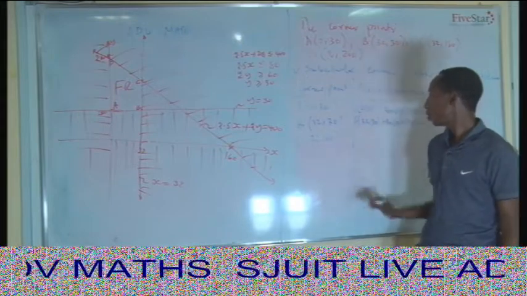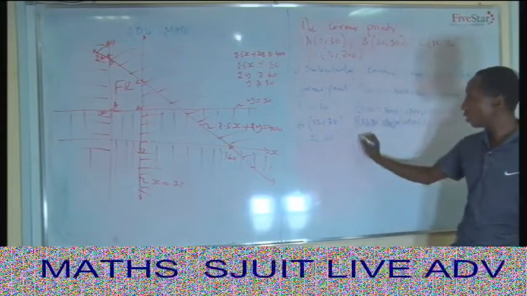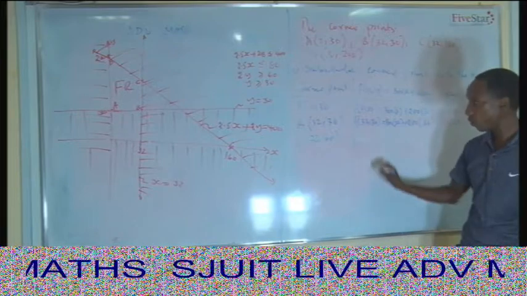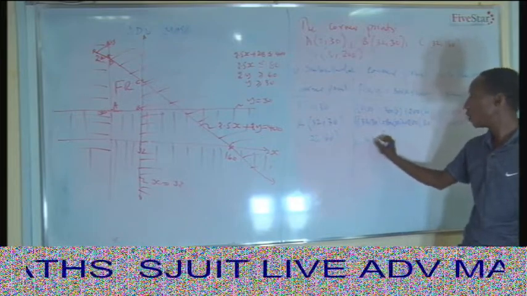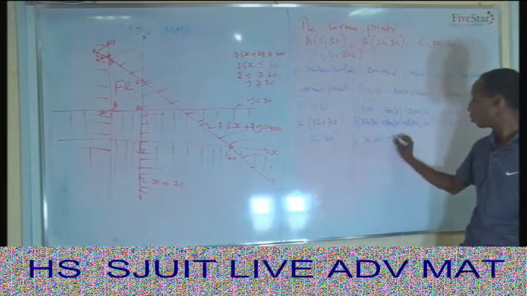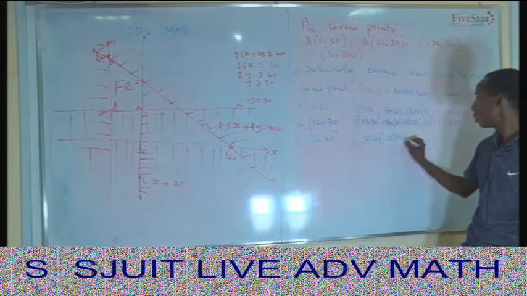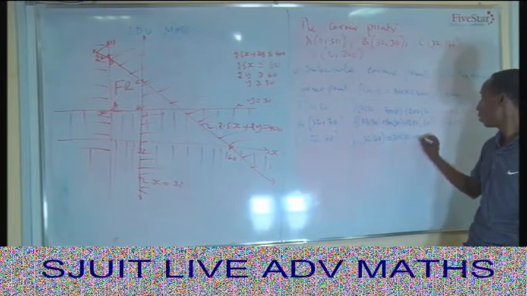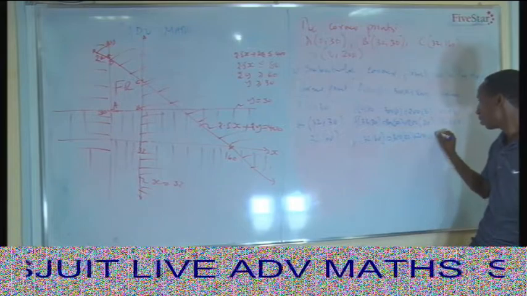Again, we have the corner point C, which is (32, 160). Just substituting into the objective function to get its value. So this will be f(32, 160) equals 300 times 32 plus 200 times 160.